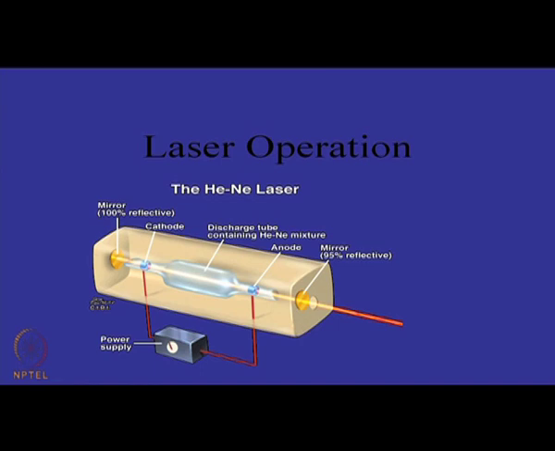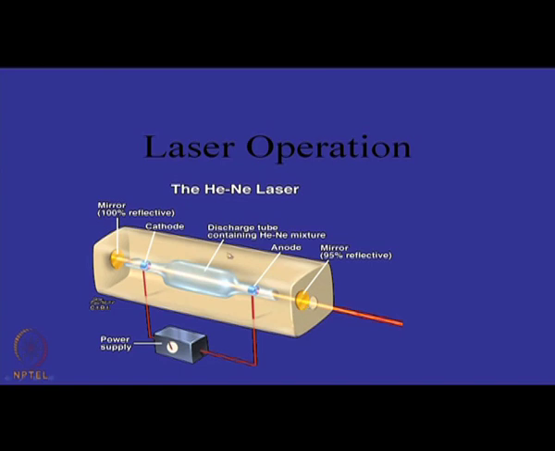Now, this is a helium neon laser. There is an active medium. This is the power supply. This is cathode, this is anode, and it contains a mixture of helium and neon. And this mirror is 100% reflecting. This mirror is 95% reflecting.